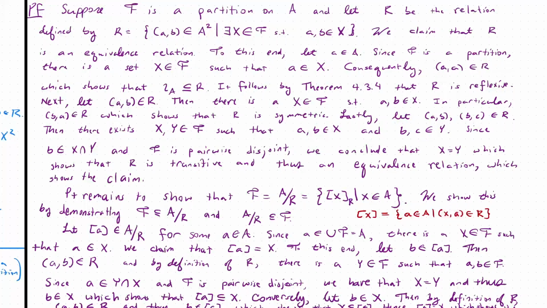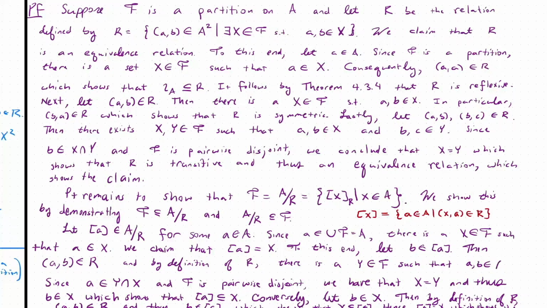So we have (a, b) is in R. And by definition of the relation R, we know that then there must be a subset Y in the family of sets such that a and b are both in that set Y. And that's another typo, apologize for that.